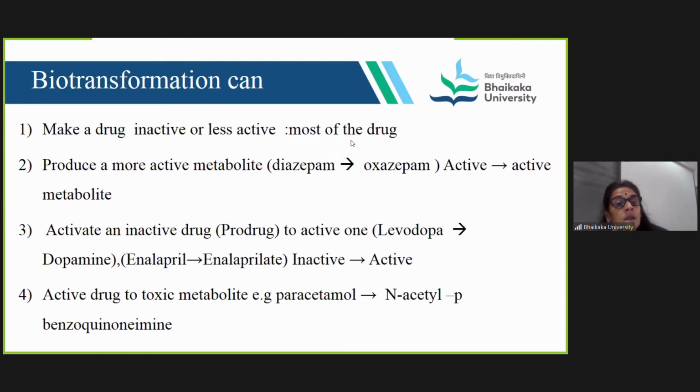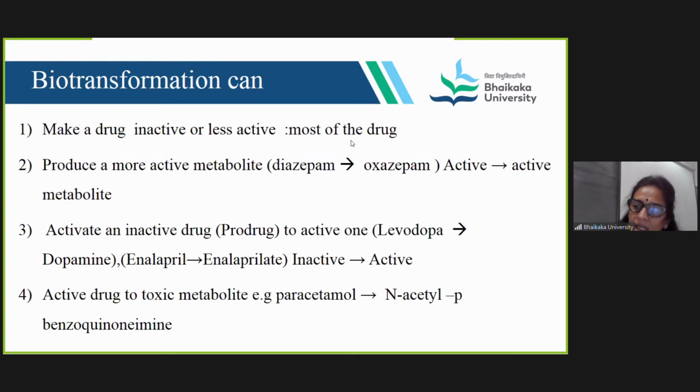Fine. There is another purpose of biotransformation: it can produce more active metabolites. Please remember, first, most drugs become inactive or less active, but there are certain drugs, and here comes the drug factor, drug characteristics, which produce more active metabolites.